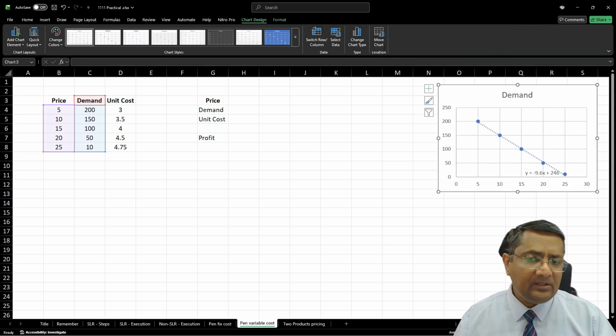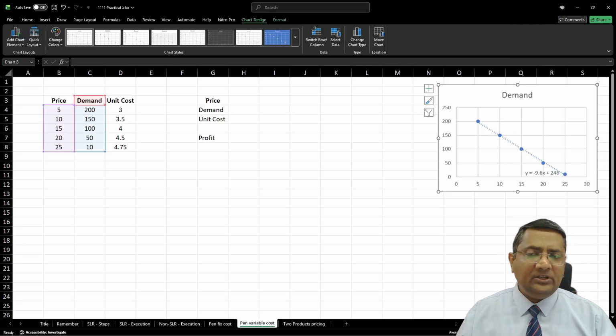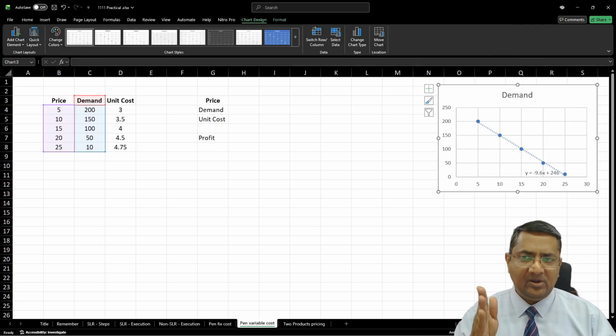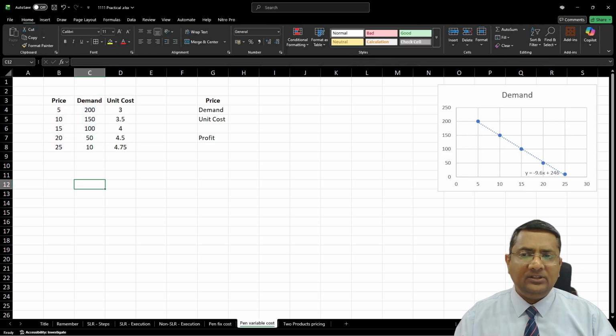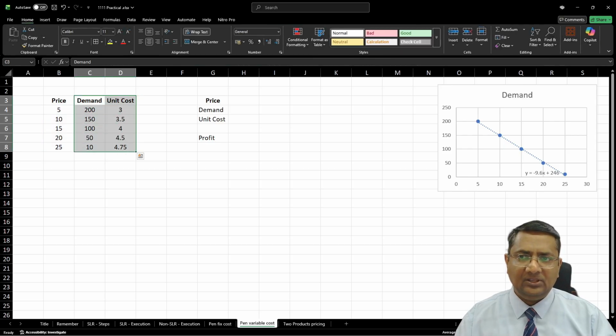Okay. Now, since our unit cost is changing depending upon the demand, if demand increases, unit cost changes. So now we need to find out the relationship between the demand and unit cost. Earlier we found the relationship between price and demand.